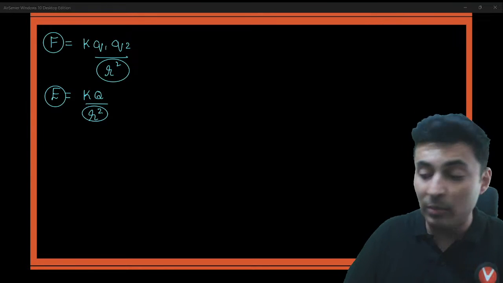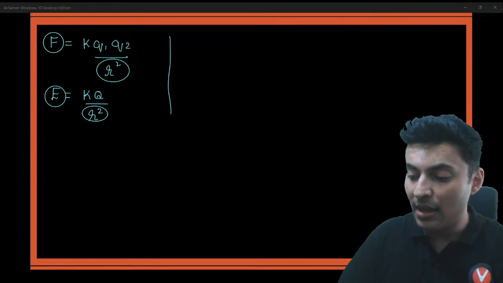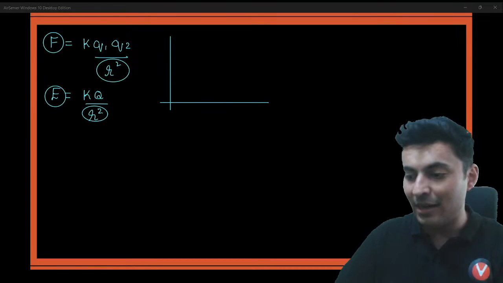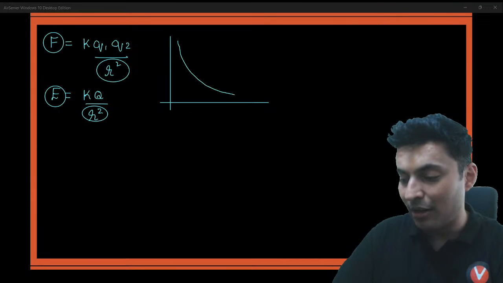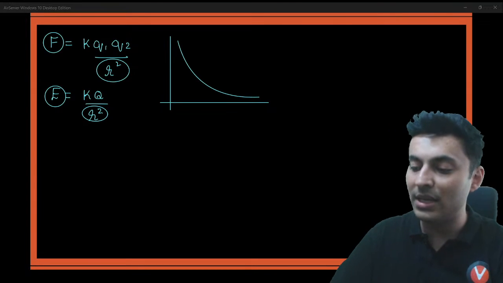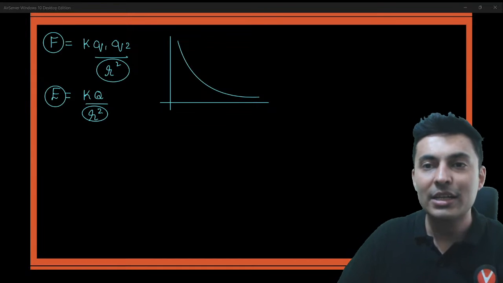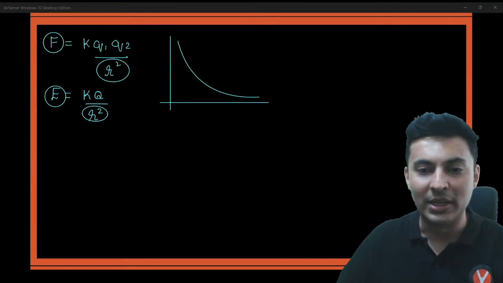So if it is inversely proportional to R square, my dear warriors, how will the graph look like? Think about it. It will be a curved line, but it will not be a hyperbola.